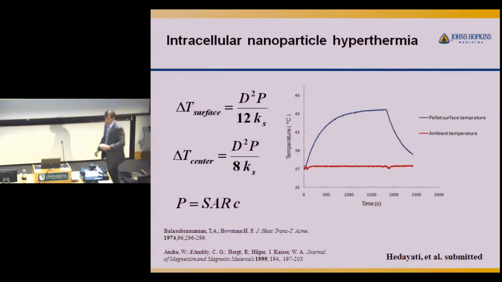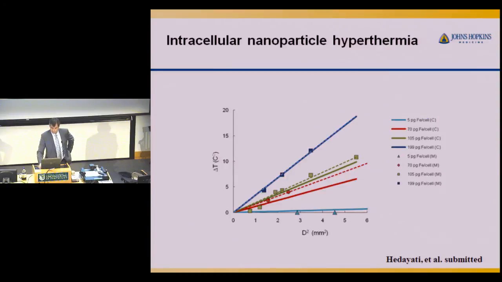What Mohammed and Owen did was pack these cells into spheres, put the suspension into the AC magnetic field coil, and place a temperature probe right at the cell pellet surface. They measured the temperature rise. What you see on the right-hand side is the cell pellet surface temperature when they turn the power on, so they are clearly able to see a significant change in the temperature.